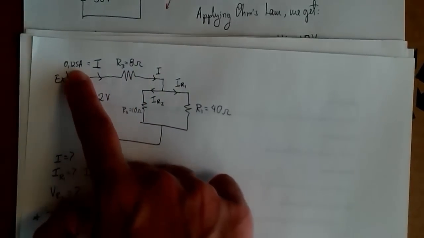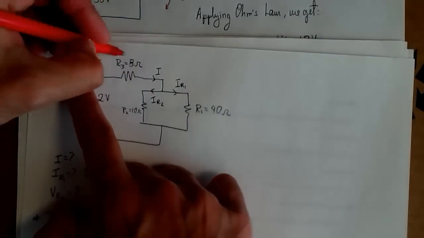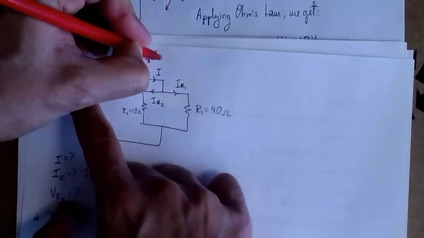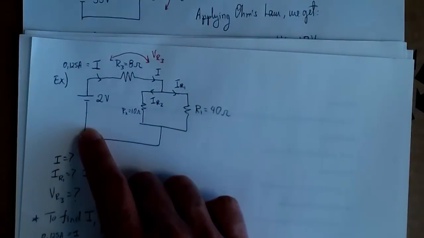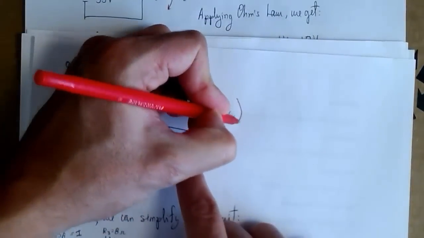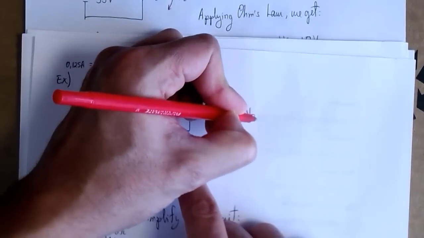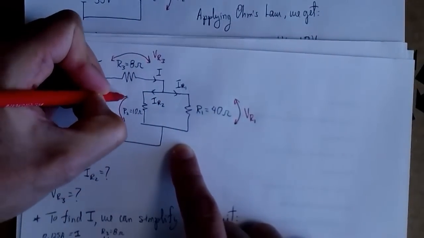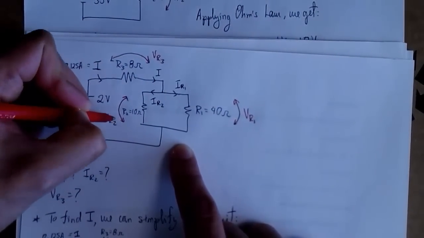We have a current of 0.125 amps flowing through R3, and R3 has a value of 8 ohms, so we can find the value of VR3. Now this voltage VR1 is the voltage across R1, and VR2 is the voltage across R2.